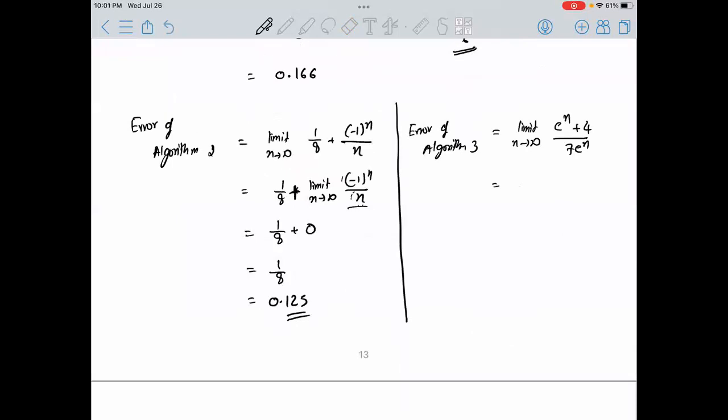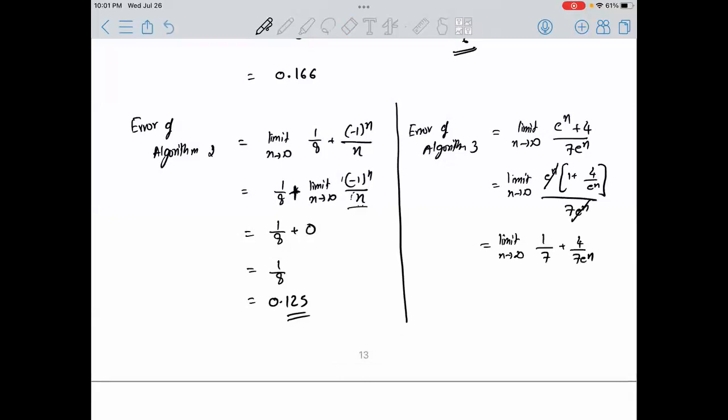So what we need to do is take e^n common. Limit n tends to infinity, we take e^n common: (1 plus 4 by e^n) divided by (7 into e^n). The e^n will get cancelled, giving limit n tends to infinity of 1/7 plus 4 by (7 into e^n).